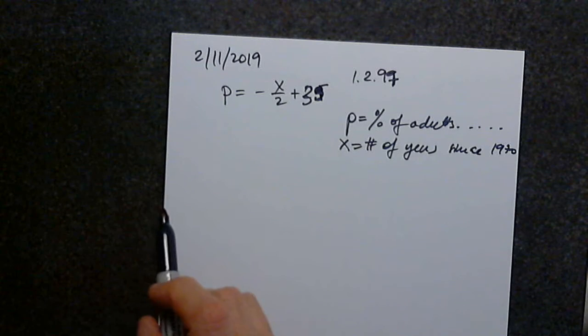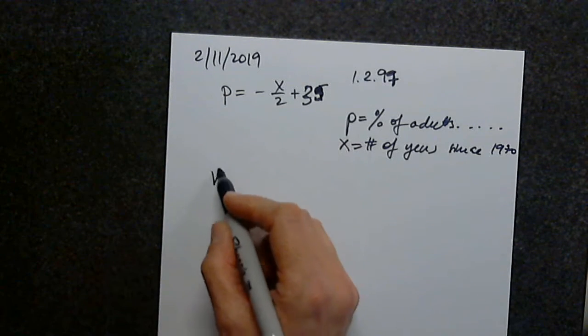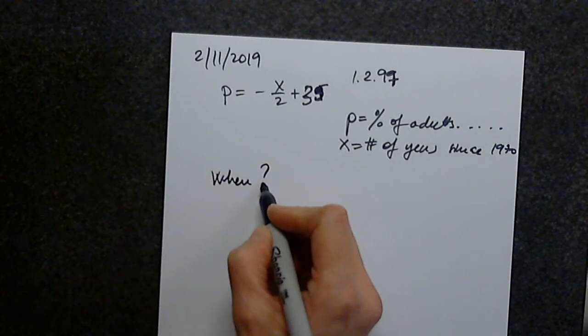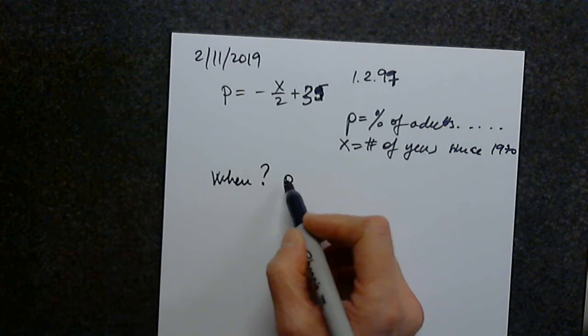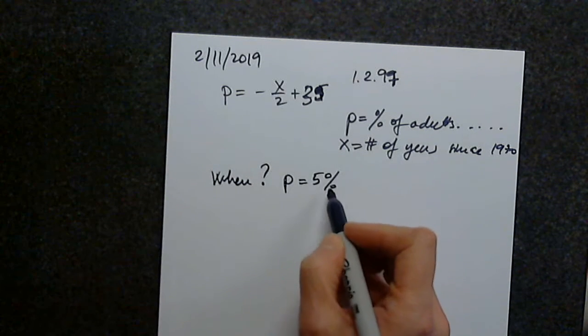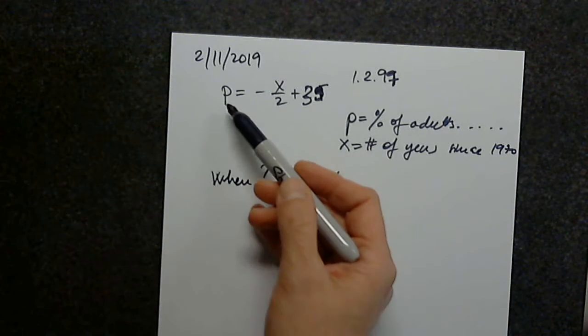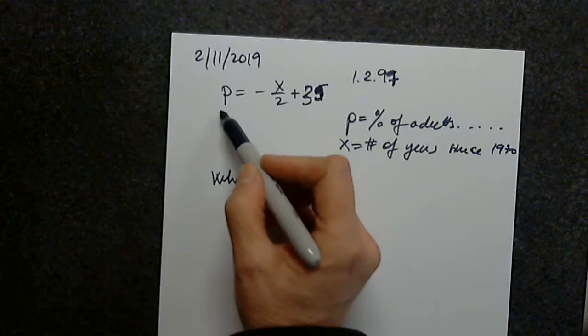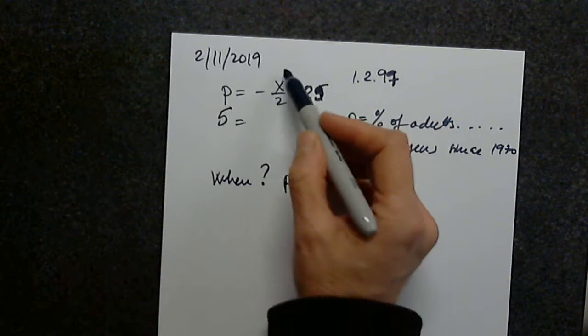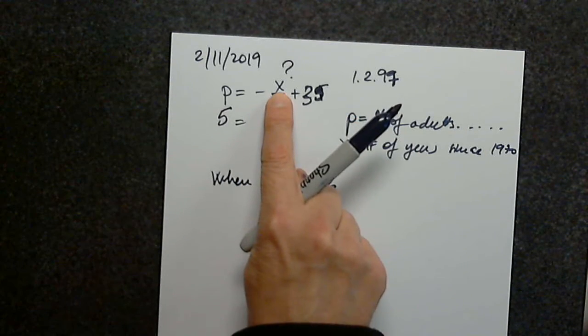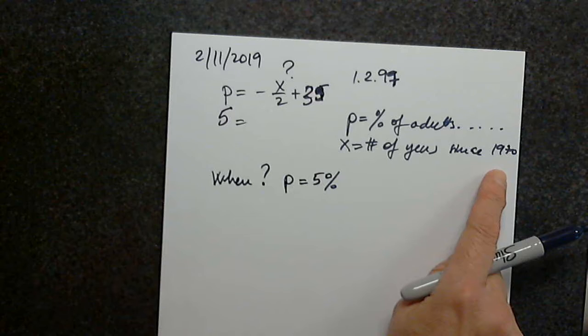So now when I'm asked to find when the percent is 5%, then you know what to do. Because you establish the fact that this is the percent, and you are given 5%, and you are asked to find when. Because X is the number of years since 1970.